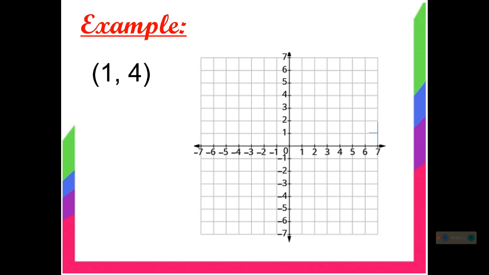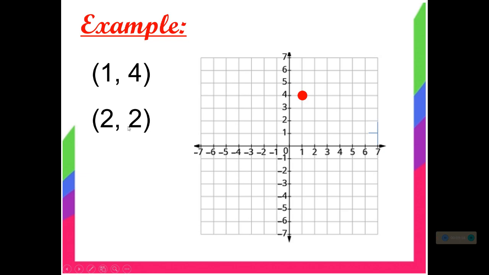Okay, so how are we going to graph the equation 2x plus y equals 6? So again, the ordered pairs that we have obtained are (1, 4) and (2, 2). So we have to plot first (1, 4). Since they are both positive, it will be on the first quadrant. So you will have here x is 1, then y is 4, so that's why you will have here the first point.